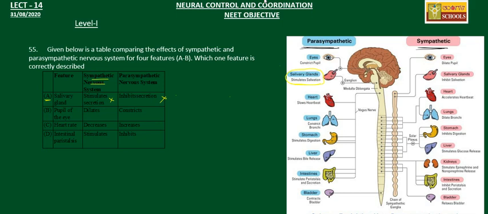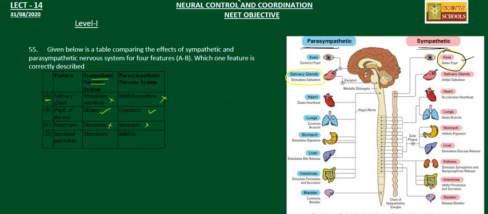Then pupil of eye: sympathetic dilates, yes. The sympathetic nervous system dilates, and the parasympathetic constricts the pupil. So this is right and this is also right. Then heart rate: here the sympathetic increases and parasympathetic decreases, so in this case it's wrong.